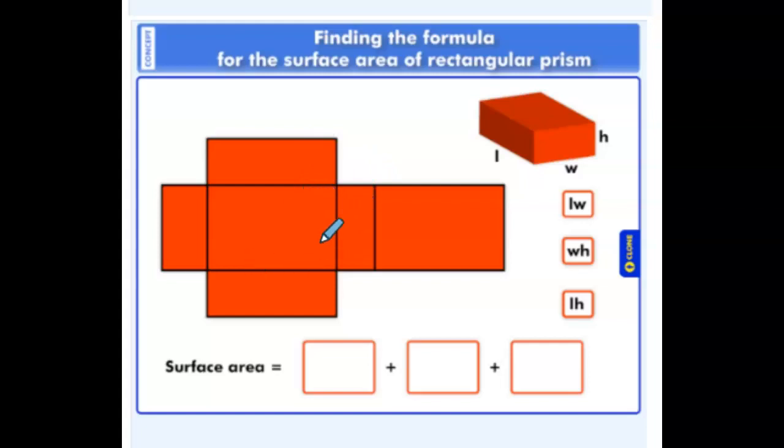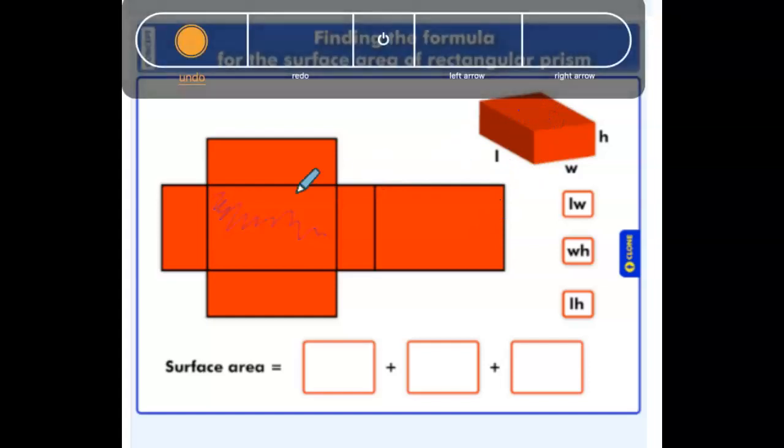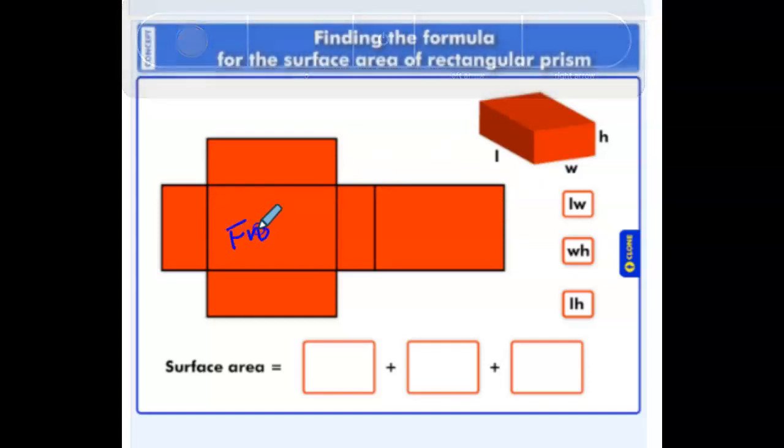You can see some patterns here. If this is the front of the rectangular prism, this lines up basically like the front of the cereal box up there. Those 2 things align. Well, this front is the exact same size as the back, right? The front and back of a cereal box are the same. The same thing is true of the top of the box and the bottom of the box.